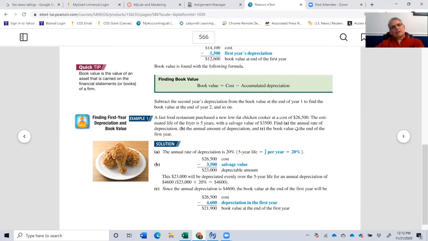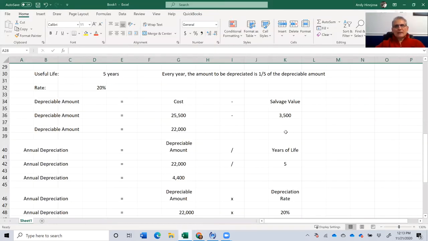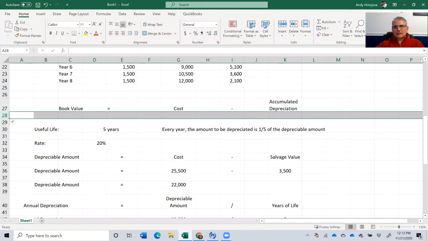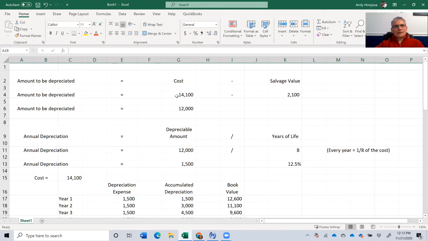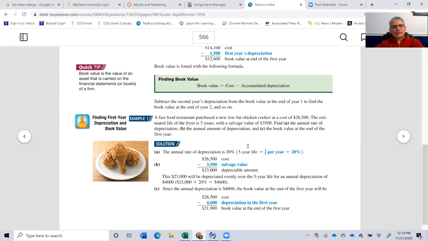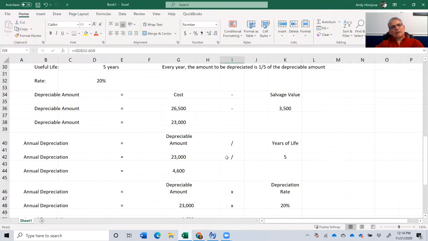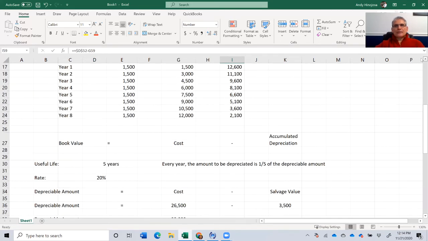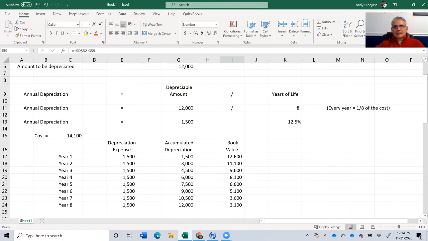Now, what may not have been very clear when we did it for the previous example. In fact, let's go back to the previous example, which was the cost of $14,100. So our first question is the annual depreciation rate. And the question is how do we come up with that? Well, let's go back to our previous problem just to kind of shed some light.